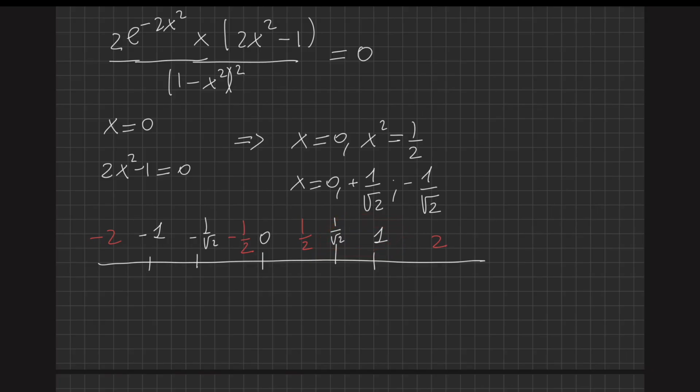Well, what we can do is take 1 plus 1 over square root of 2 and then divide everything by 2. So we know that this point is going to be between 1 over square root of 2 and 1. I can rewrite all of this as square root of 2 plus 1 divided by 2 square root of 2. Okay?